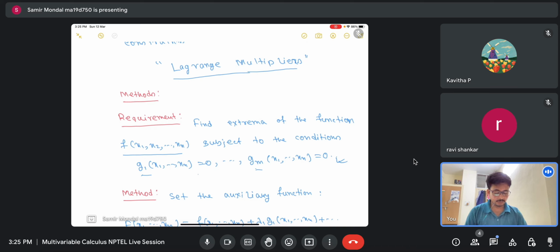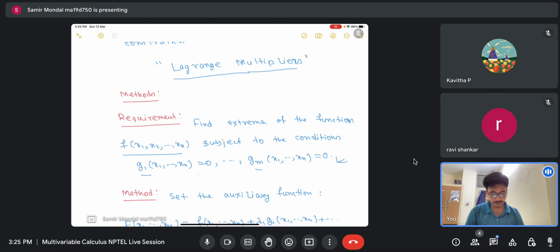Here we are not telling about the existence of extrema. We are already assuming the extrema exists, and we are looking to find the extrema of the function.